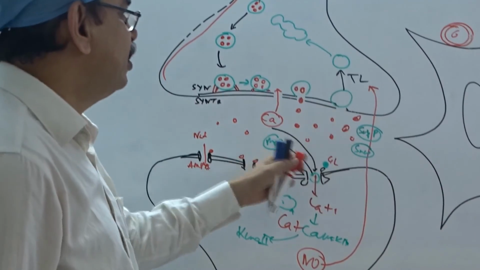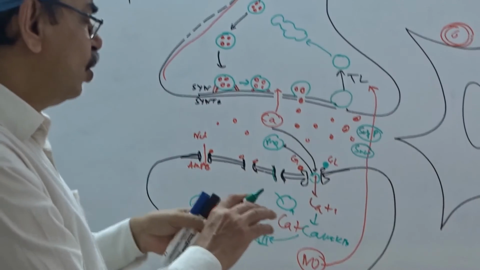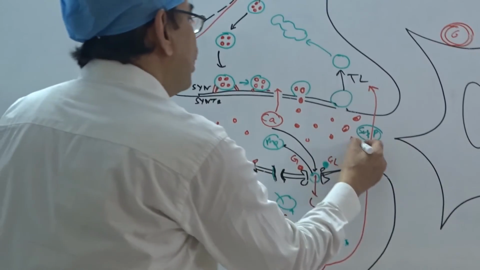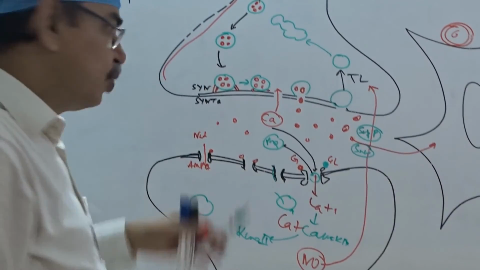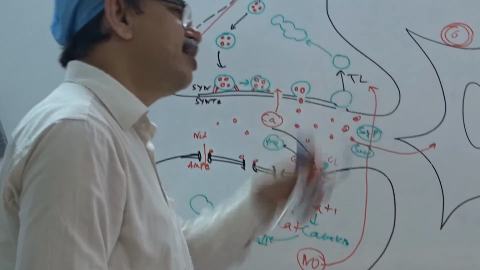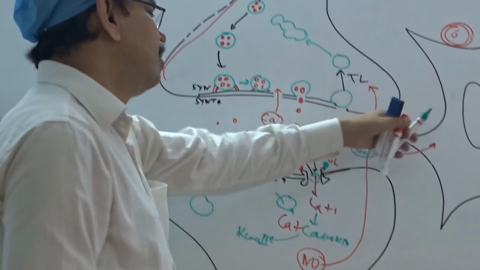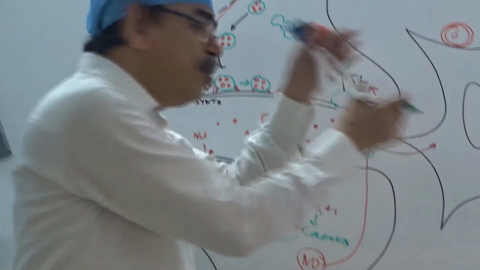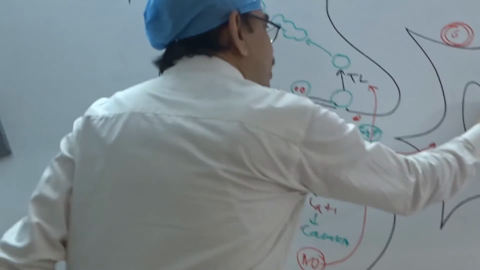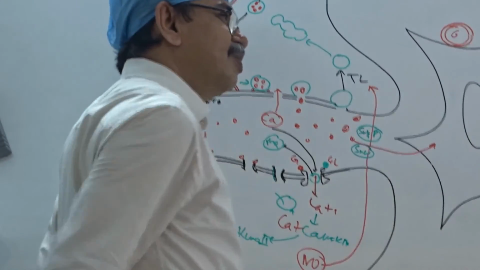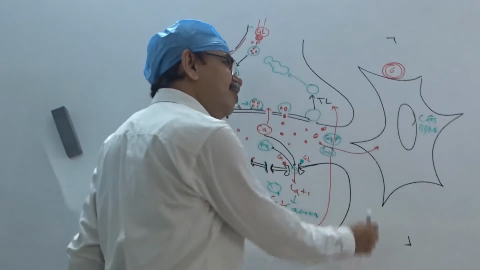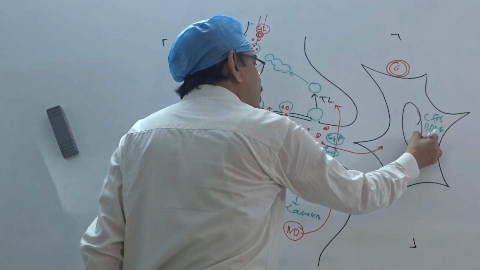And this substance P and the glutamates, as we have also seen, are taken up by the astrocytes. In the astrocytes, when there is more glutamate and more substance P, the astrocyte will liberate c-fos and also BDNF, brain derived nerve factor, and also NK1, neurokinin 1.